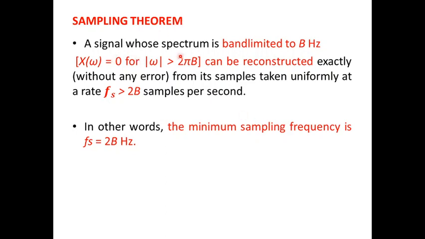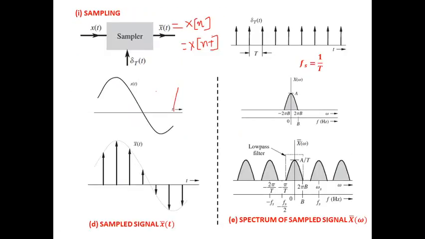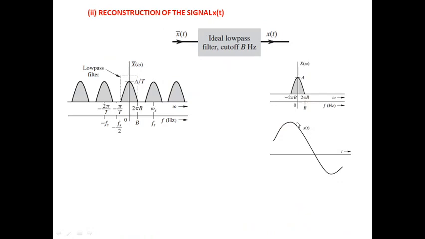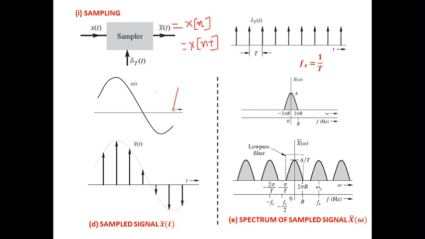A signal whose spectrum is band limited to B hertz. The meaning is that the signal that we have taken here has a frequency of B hertz, or we can say that the bandwidth of the spectrum is B hertz, which can also be written as x of omega equal to 0 for modulus of omega greater than 2 pi B. So we can see here again that this is the value of omega.